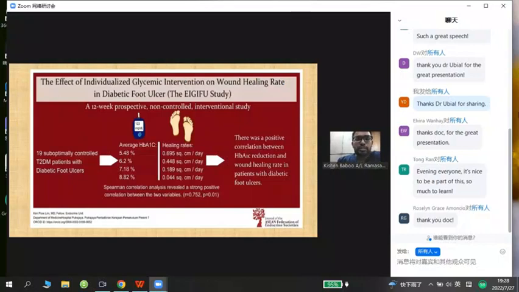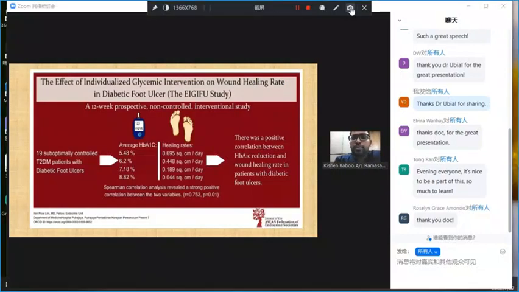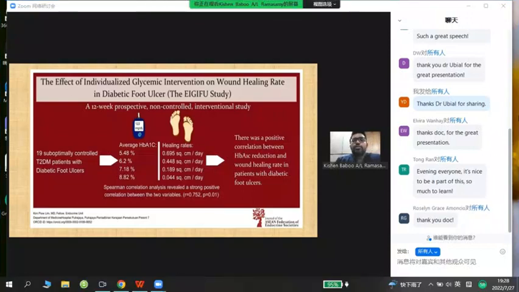So this is a study showing how good HbA1c control contributes to healing rates. As you can see, a patient with about 5.48% HbA1c has a healing rate of 0.695, compared to a poorly controlled patient at 8.82, having only 0.04 centimeter square per day of healing. So this is a strong indication that diabetic sugar control is very important when it comes to healing.